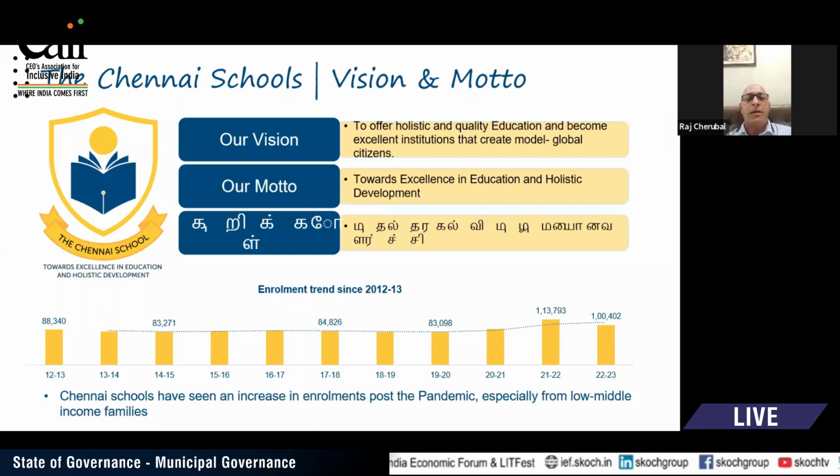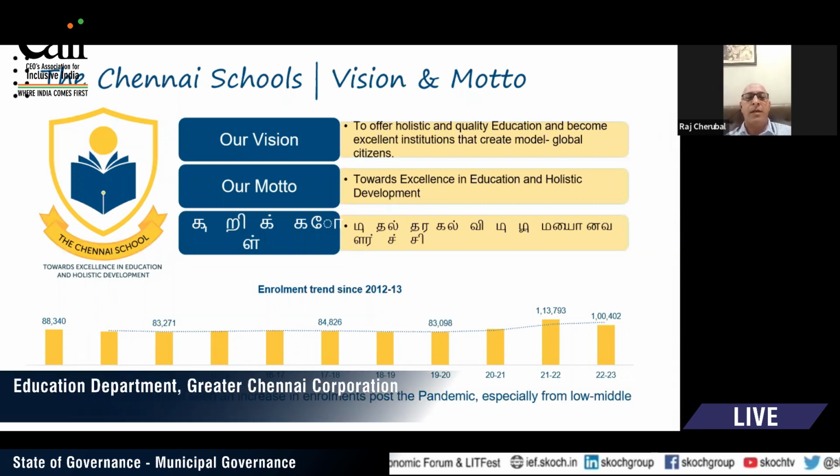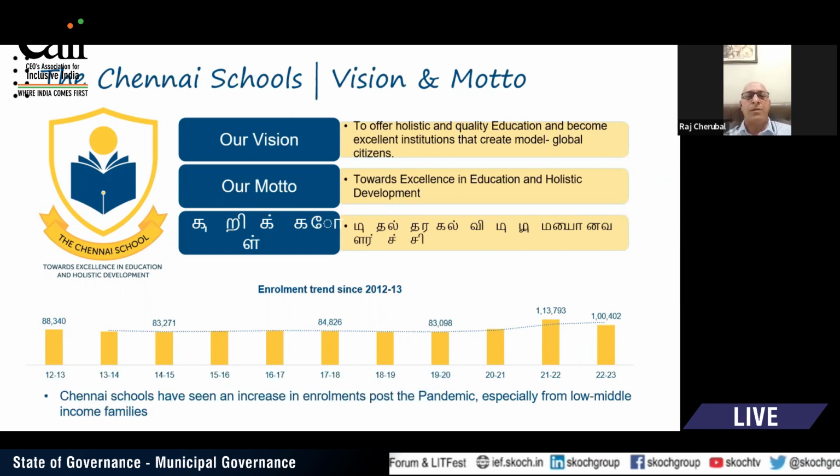I think throughout the country, in many corporation-run schools and government-run schools, the student population is actually going down. Especially this was the case in Chennai before COVID, and a few years before, because there is a lot of competition from private schools.